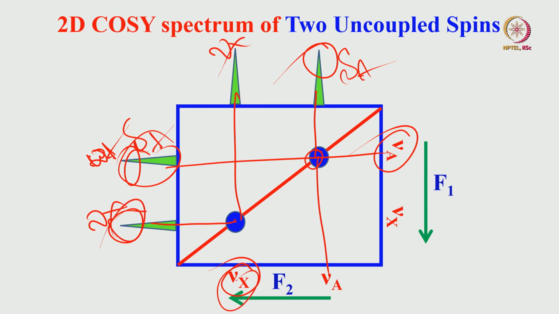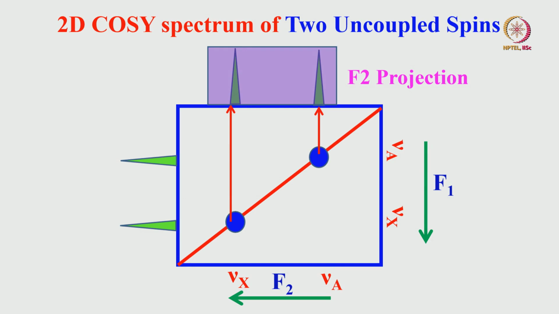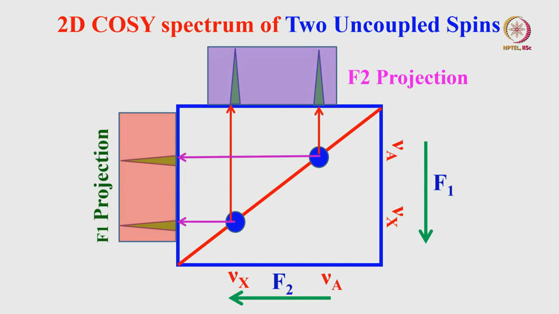That is what the peaks coming on the diagonal are in a COSY spectrum of two uncoupled spins. We have 2 peaks on the diagonal, and if you draw a line vertically, along the omega 2 axis or along the omega 1 axis, you get the identical frequency for both of them. And if I take a projection of this spectrum, we get 2 peaks like this. I can take the projection along F1 also, and then also I get 2 peaks.